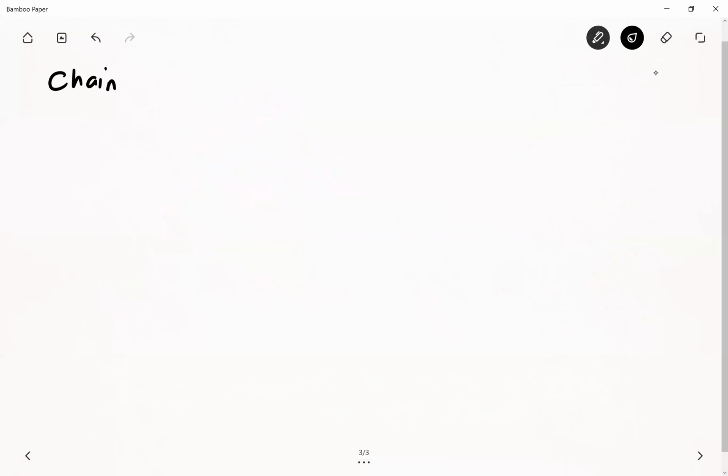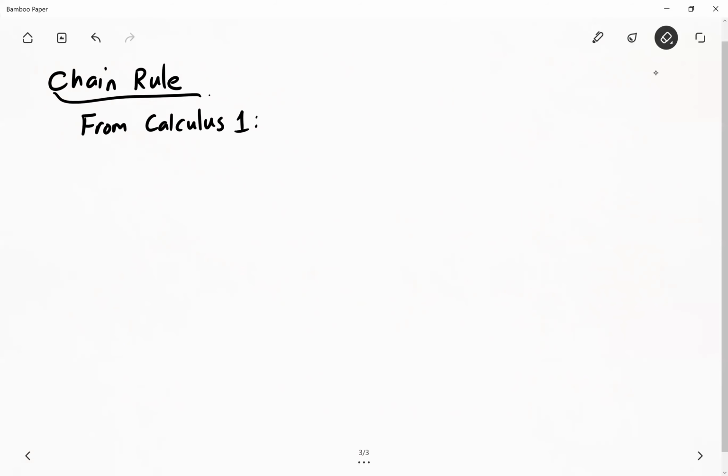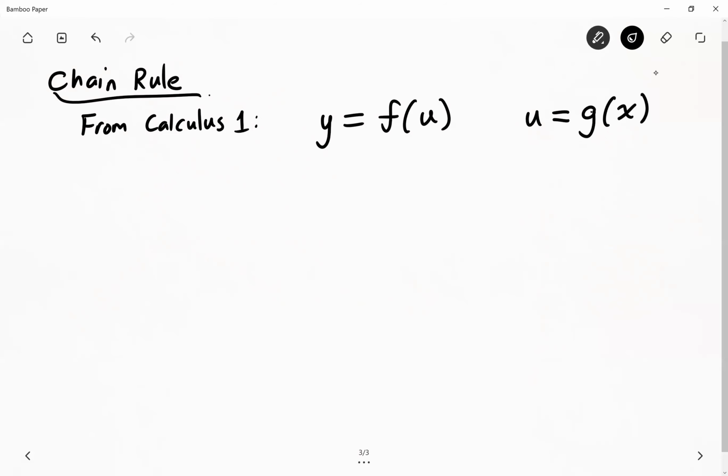The chain rule is hopefully familiar to you from a first course in differential calculus. So let's say, from Calculus 1, I have y as a function of u, but u, in turn, is a different function of x.